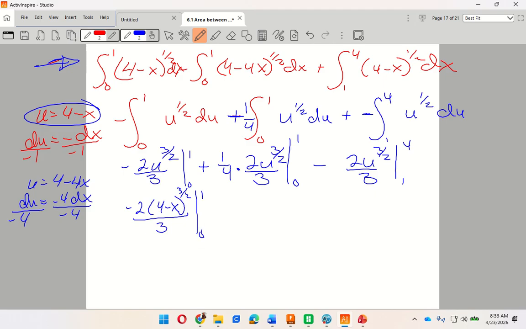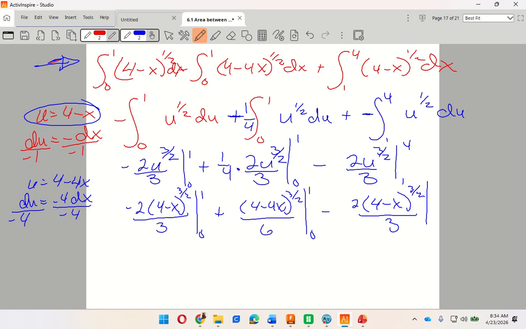And that's going to be plus, what's that going to be, 1/6? Yeah. So it's going to be 4 minus 4x to the 3 over 2 over 6 from 0 to 1 minus 4 minus x to the 3 over 2 over 3 from 1 to 4.